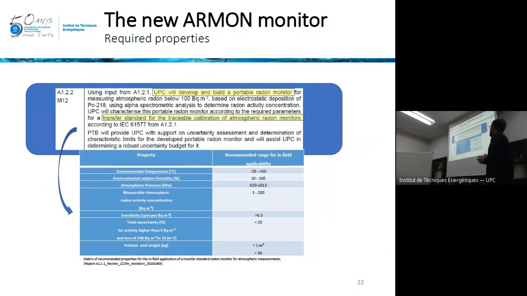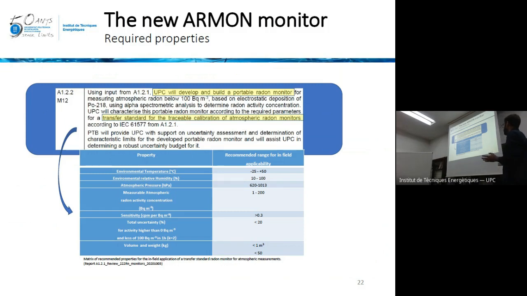This new instrument should have the parameters required in the traceRadon project, which has to work in an environmental temperature of -25 to +50, with environmental relative humidity from 0 to 100%.